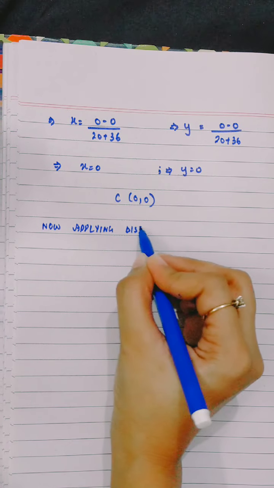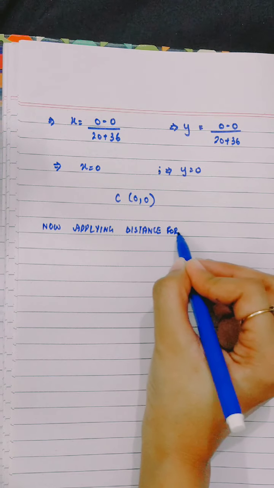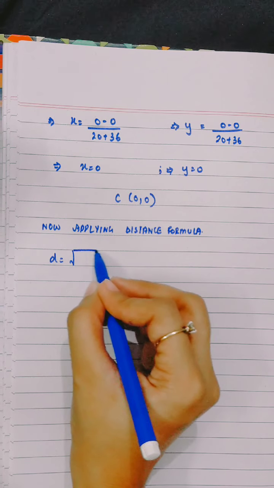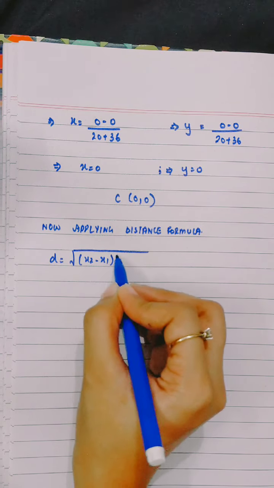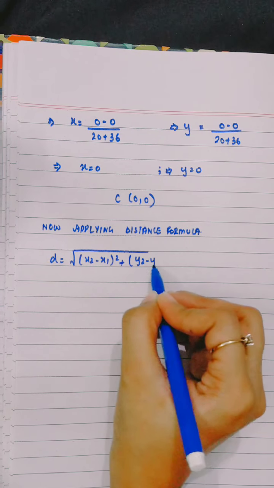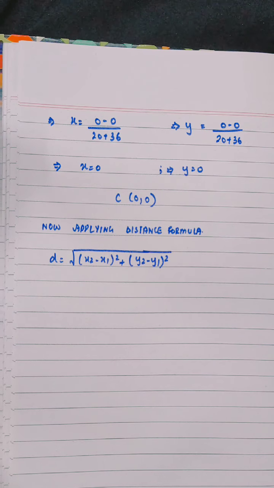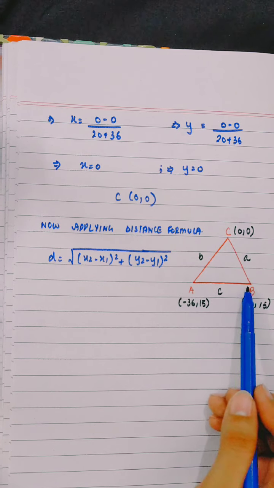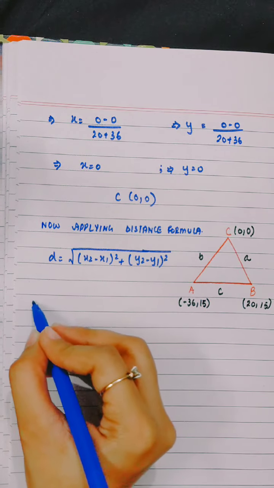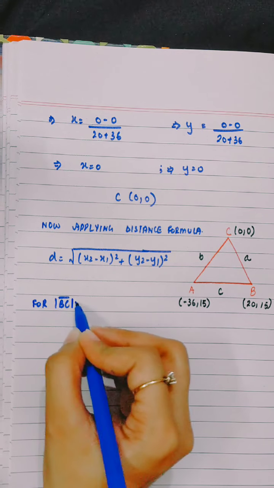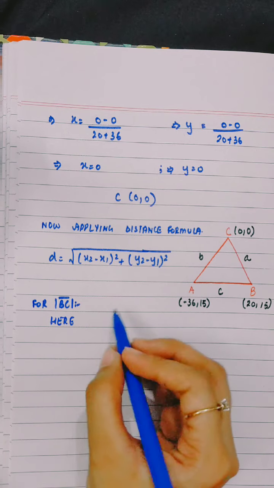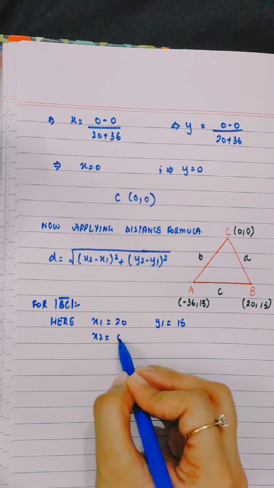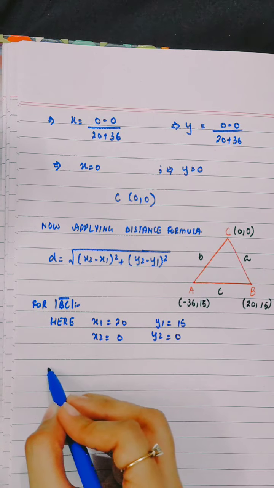Now applying distance formula. D is equals to under root of x2 minus x1 whole square plus y2 minus y1 whole square. We have a triangle whose coordinates we have found out. Now we are finding out the distances. So for BC, here x1 is 20, y1 is 15, x2 is 0 and y2 is 0.